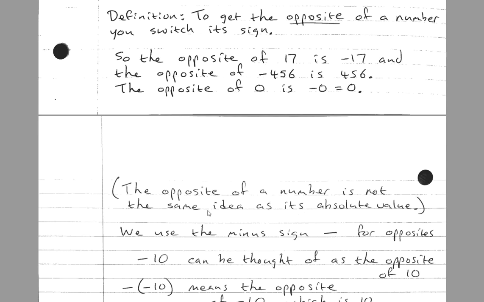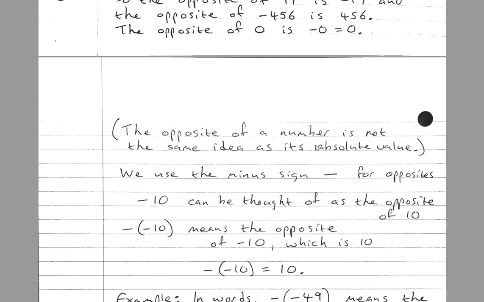Maybe it's confusing. The opposite of a number is a different idea from absolute value. Absolute value is always the positive part of the number. The opposite of a number could be negative. And then it gets a bit confusing in the notation. We use the minus sign for subtraction, but we also use it for this idea of opposites.